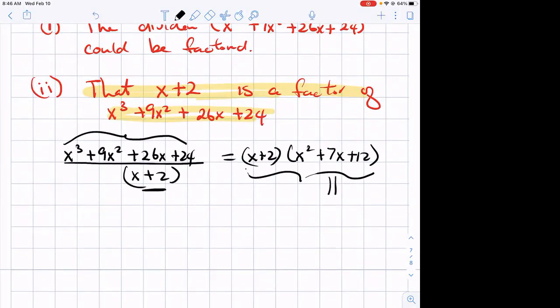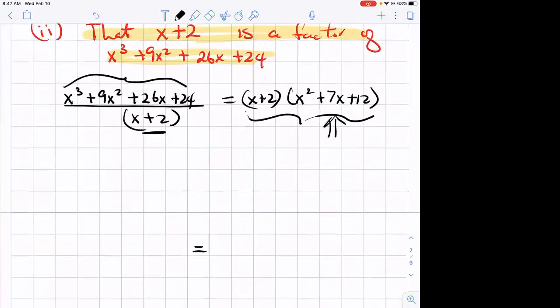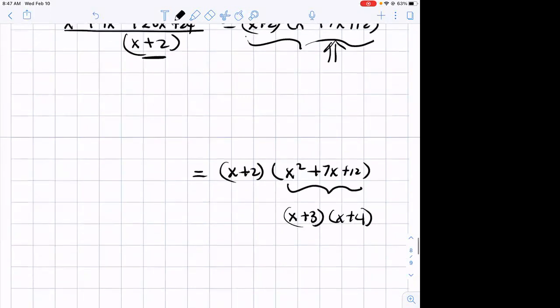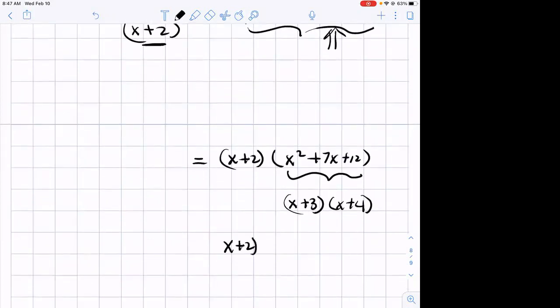Now, this here is also quadratic. So you can factor that, x squared plus 7x plus 12. So this portion, x plus 2 times x squared plus 7x plus 12, later on can also be factored as x plus 3 times x plus 4. We just did that. So if you were able to factor that dividend, then all of the factors would have been x plus 2, x plus 3, and x plus 4.